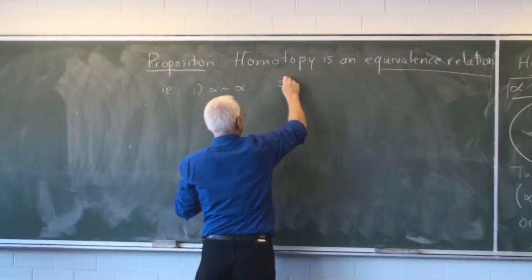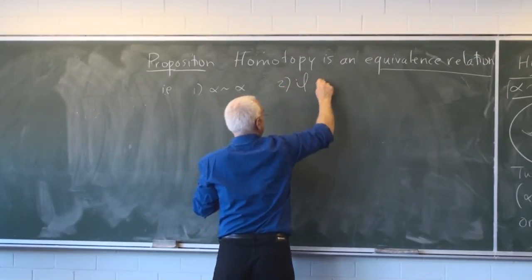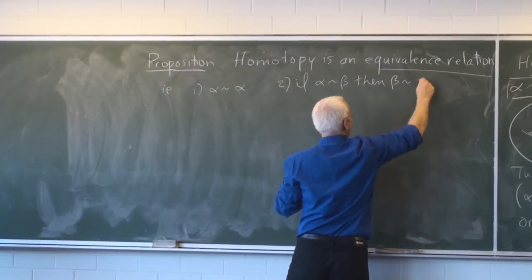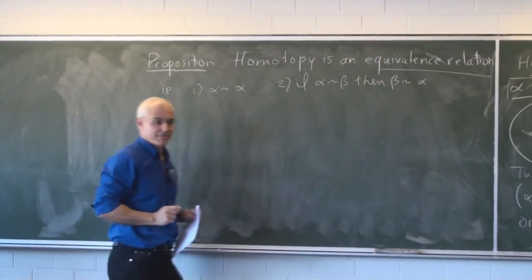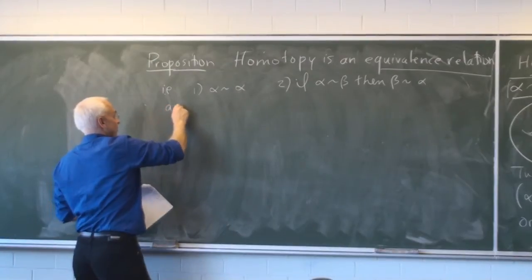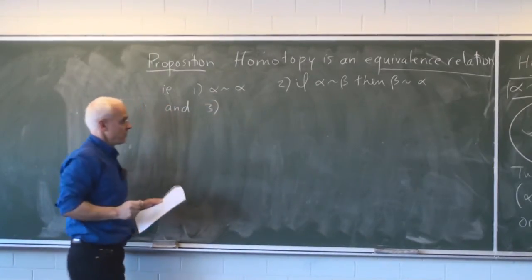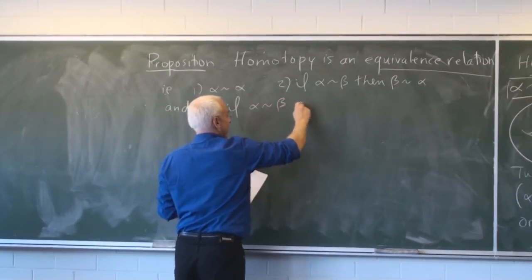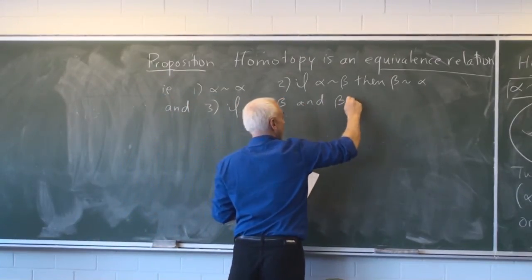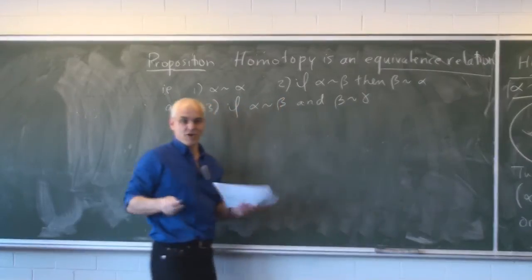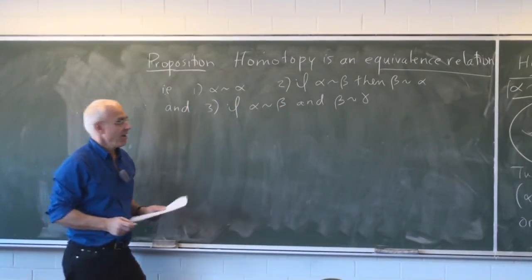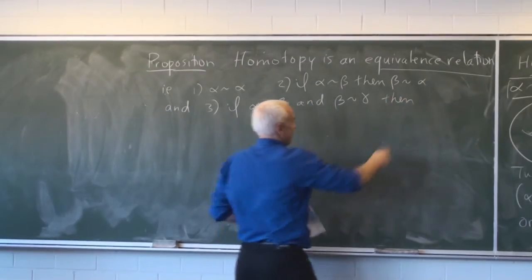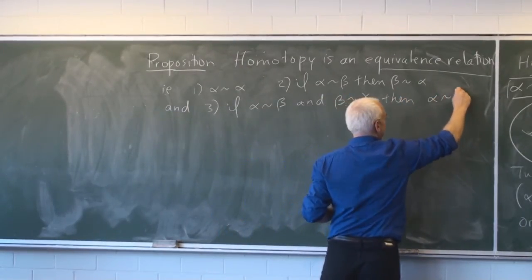It means that if alpha is homotopic to beta, then beta is homotopic to alpha. And the third condition for an equivalence relation is that if alpha is homotopic to beta and beta is homotopic to gamma, we have three curves, then there's a transitivity: alpha is homotopic to gamma.